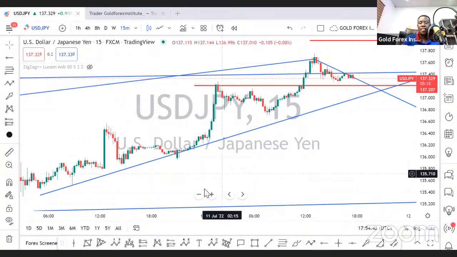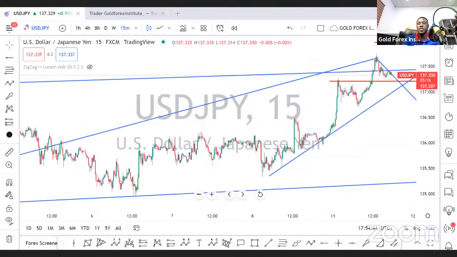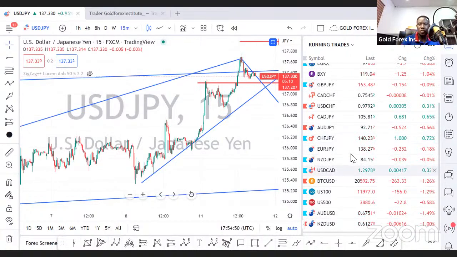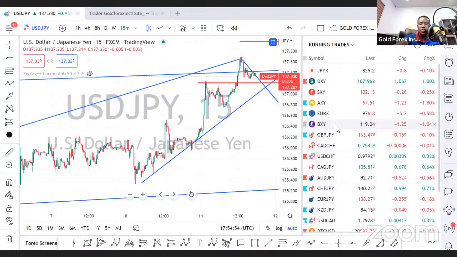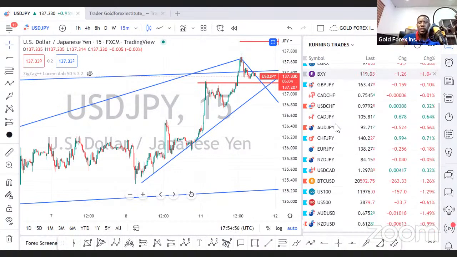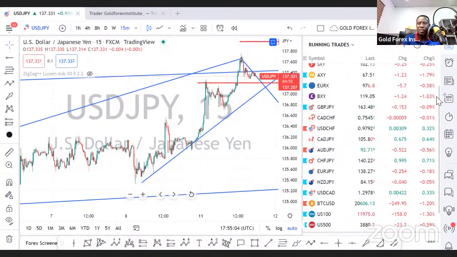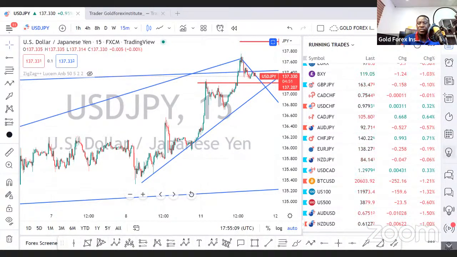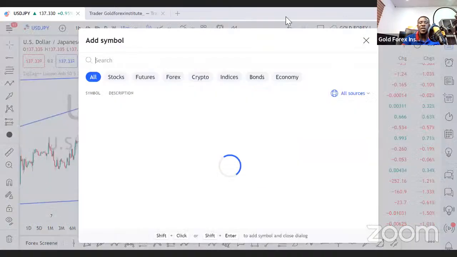Okay. So USDJPY, USDJPY. Let me add it to my portfolio. I think it should be part of my portfolio. I don't know why it's still not yet. Okay, let me add it.